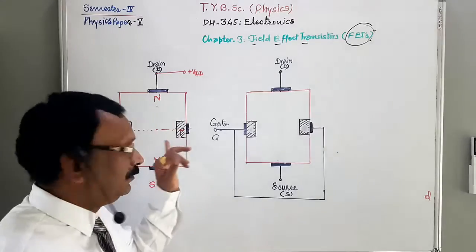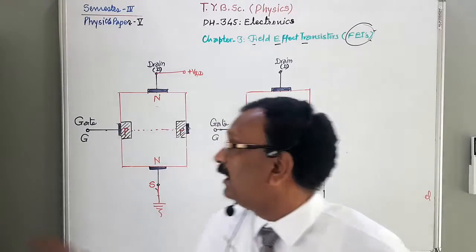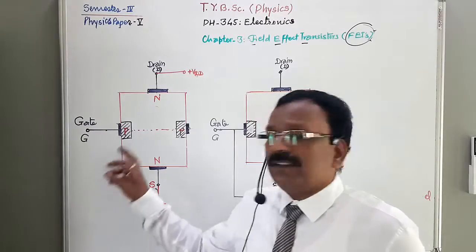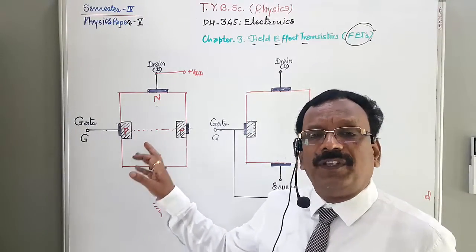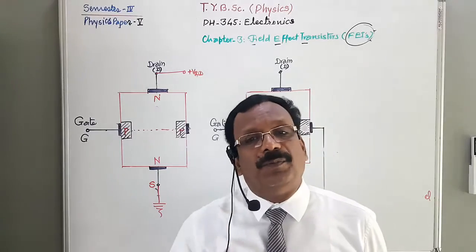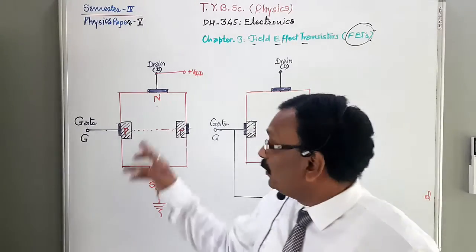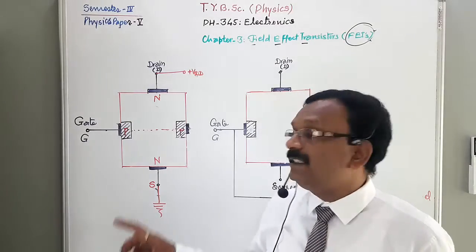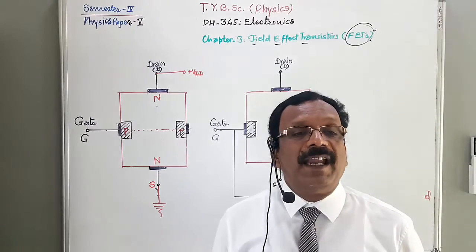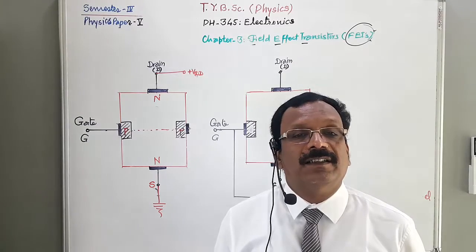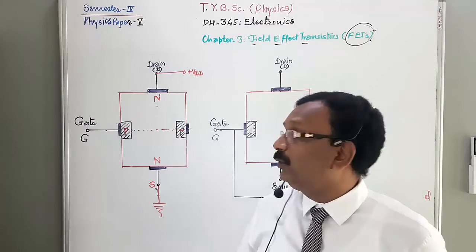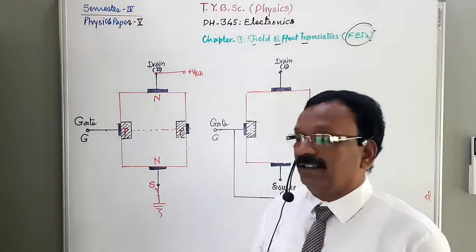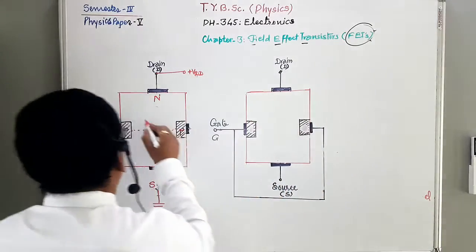Remember that here the P regions are heavily doped. The P region of the N channel JFET is heavily doped as compared to the N channel. So the depletion region extends less into the P region and deeper into the N channel, like this.